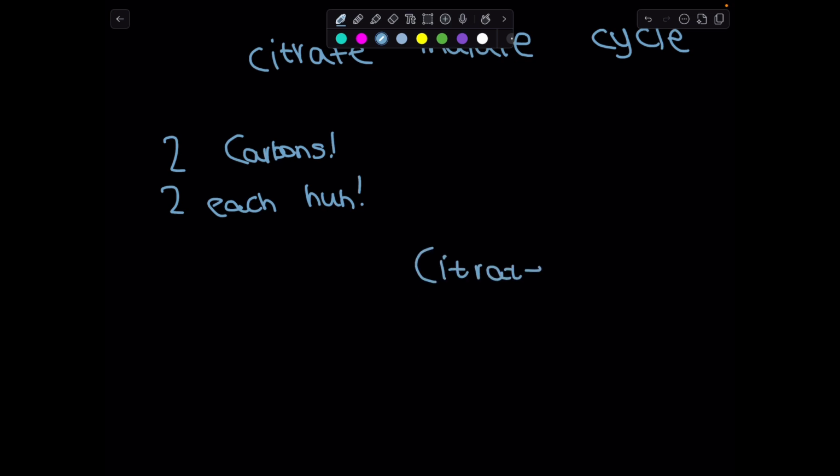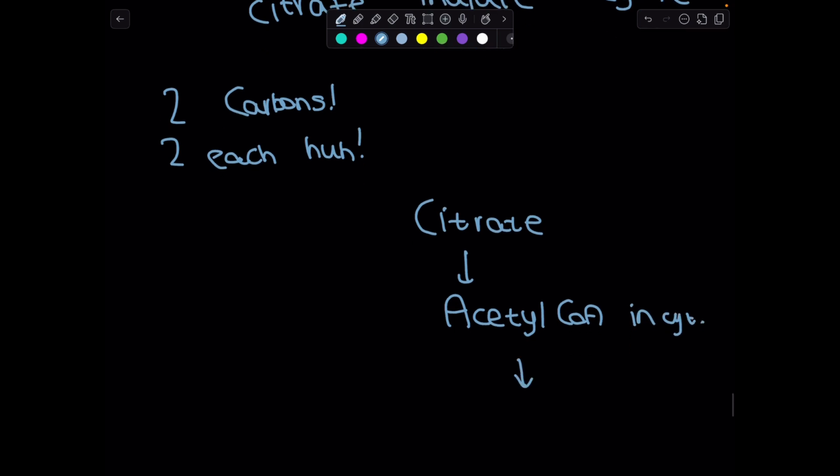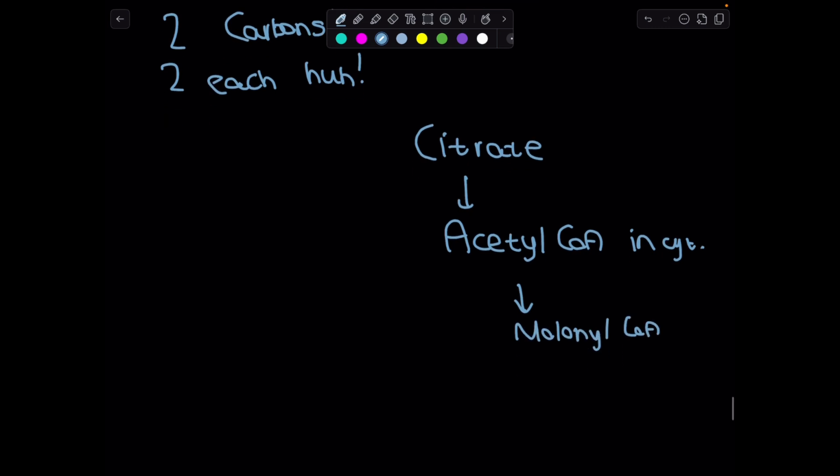Exactly. Citrate exits mitochondria, splits into acetyl-CoA in the cytosol, which is turned into malonyl-CoA by acetyl-CoA carboxylase. Malonyl-CoA and acetyl-CoA then feed into fatty acid synthase, adding 2 carbons at a time to build longer fatty acid chains, like palmitic acid, for fat storage. Want to clarify any step or dive into related processes?